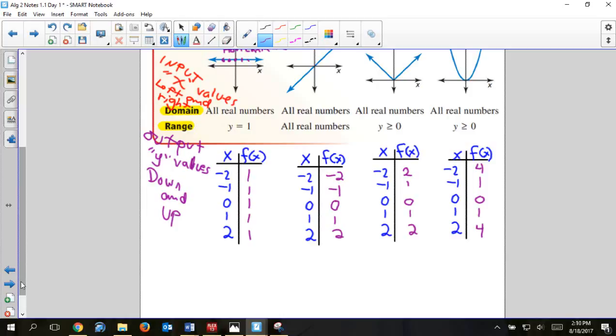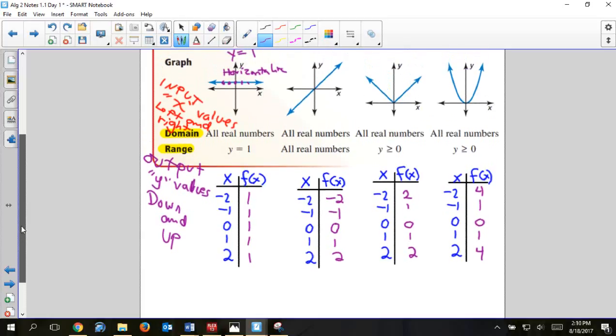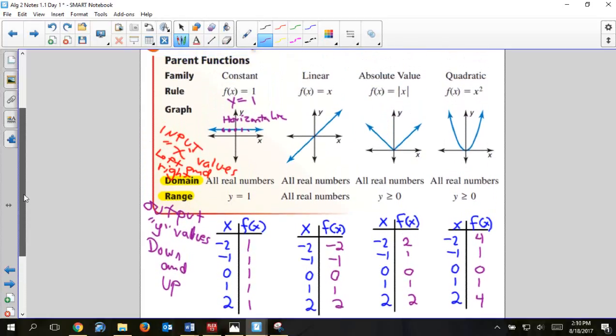While you're copying your tables down, the first column is the x's. That's always the domain. That's always what we input into the equation. The second column is the f of x, or the y, or the output, or the range. Okay, these will come back up. I'm just going to scoot up a little bit so we can look at the next one. If you didn't copy them all down, they will be right back up.